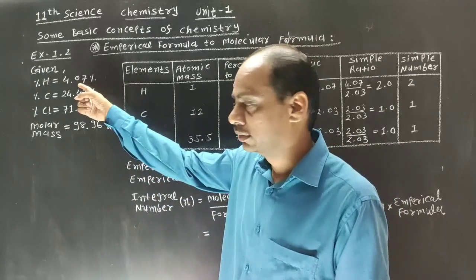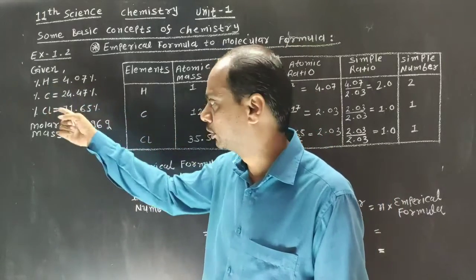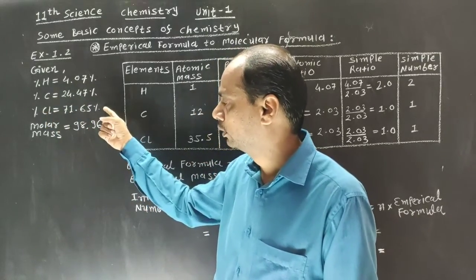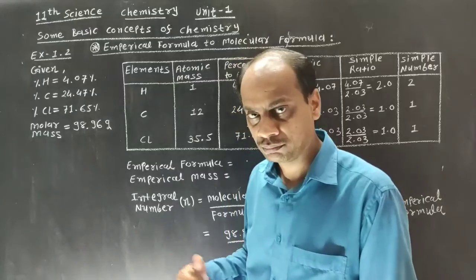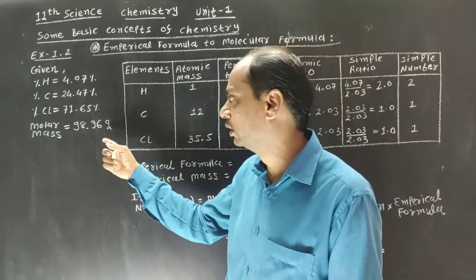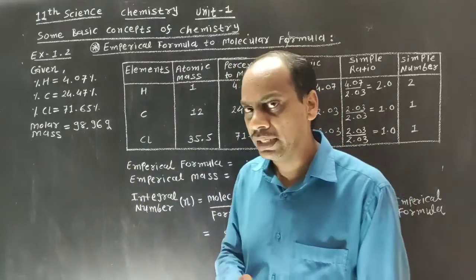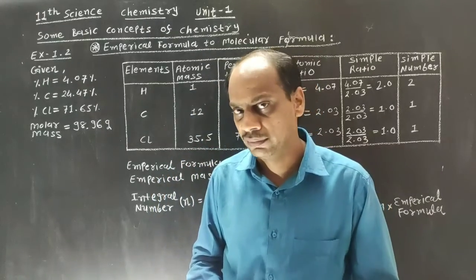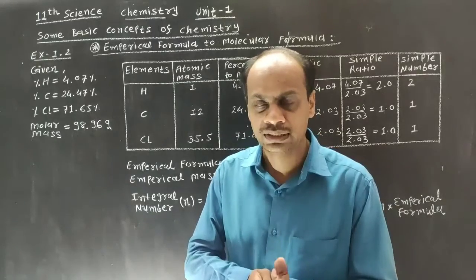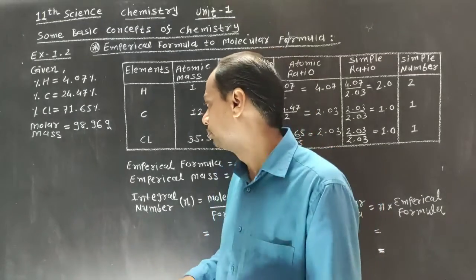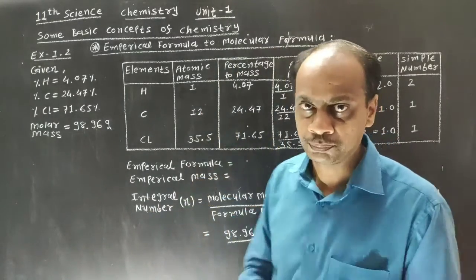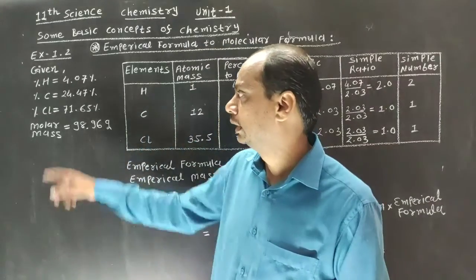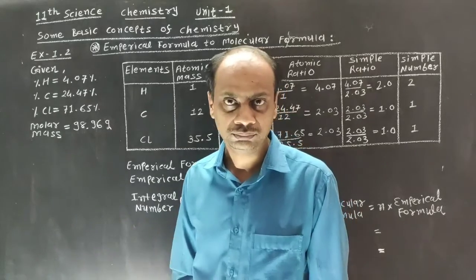Here, this is the value of percentage hydrogen. This value is of percentage carbon. And this value is for percentage chlorine. As well as I am given the molar mass, 98.96 in gram. Now, what is the question? The question is I have to calculate the empirical formula and molecular formula using this data.